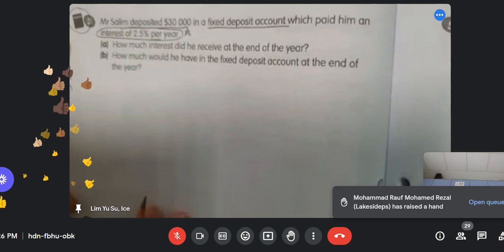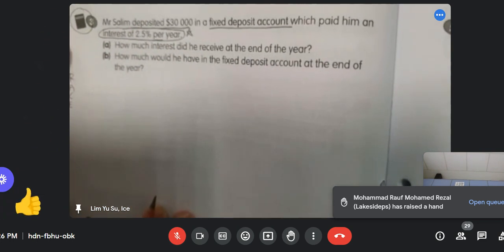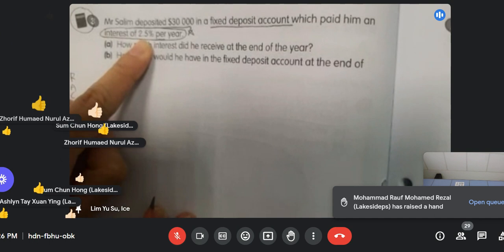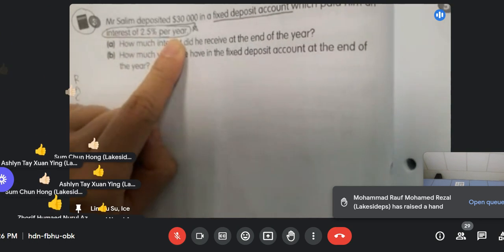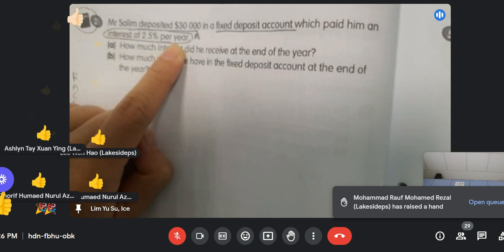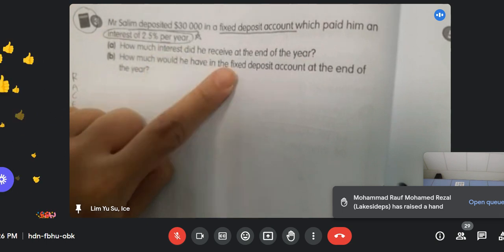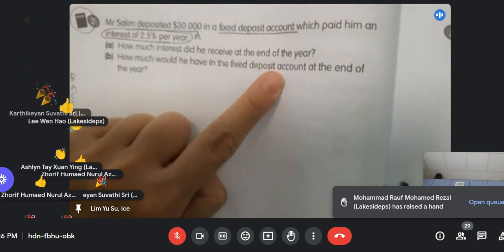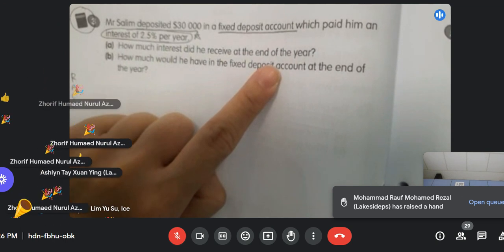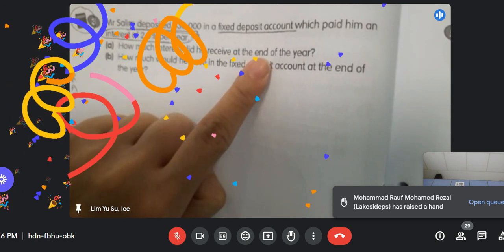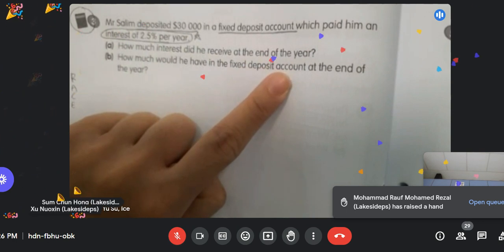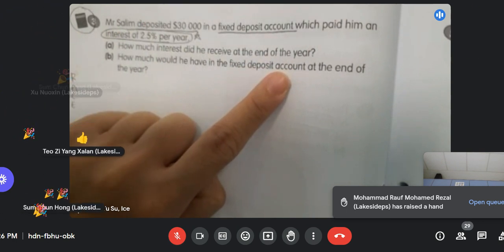Per year, that means every year 2.5%. Now you see this per year reminds you of the chapter on rates. Very good. But for P5, most of the questions only ask for a year. At primary 6, you can be expecting to answer questions that involve more than a year. That means you have percentage combined with the rate chapter.